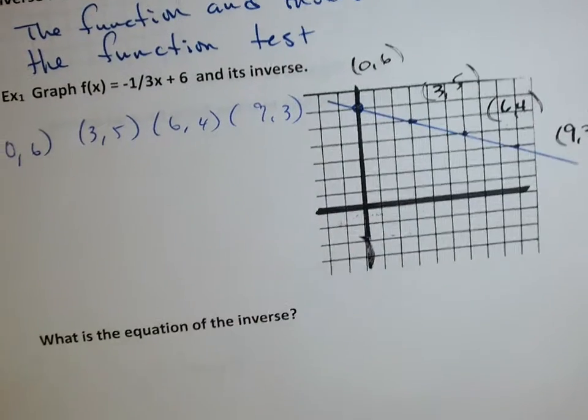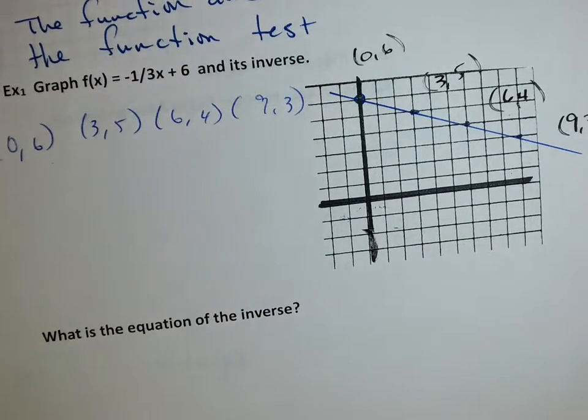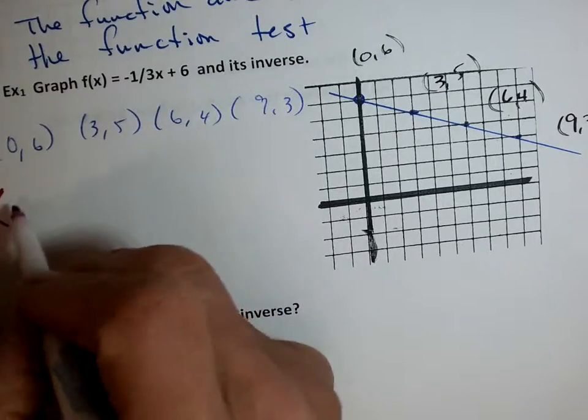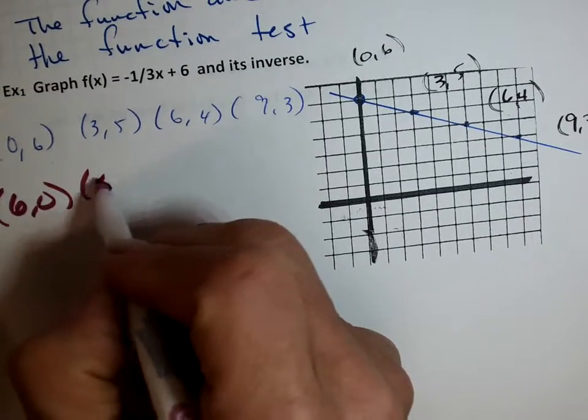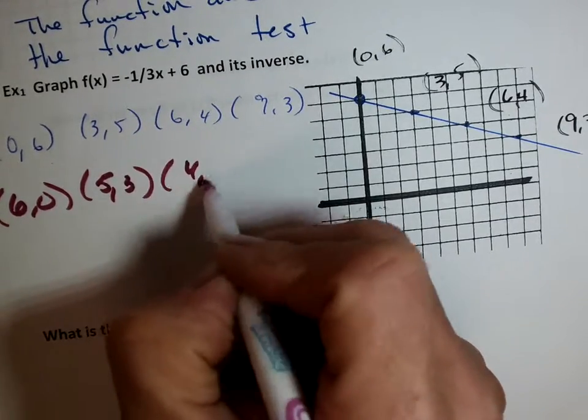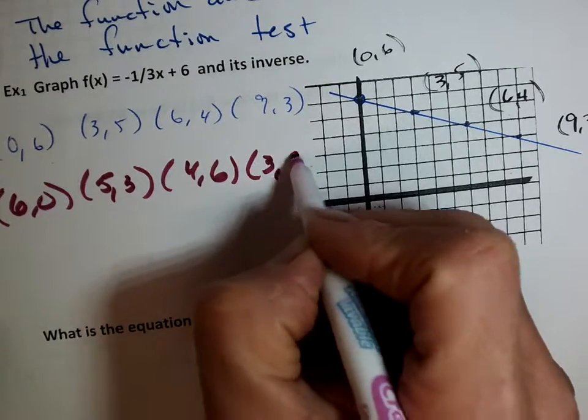We're going to make it into (6, 0), (5, 3), (4, 6), and (3, 9). Okay? All right?